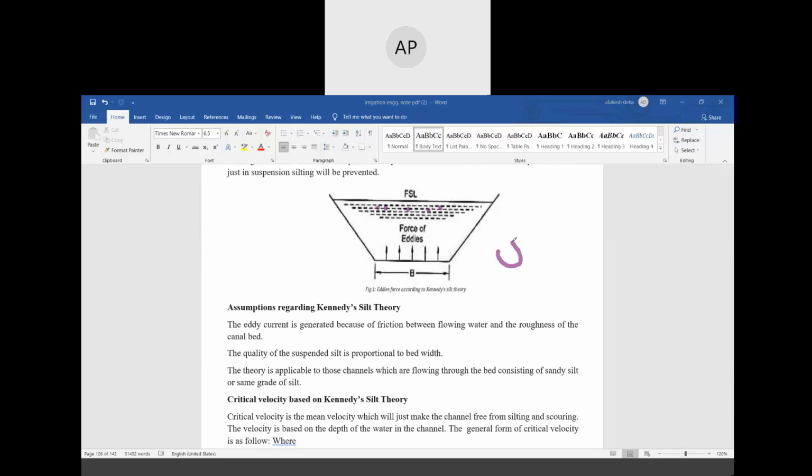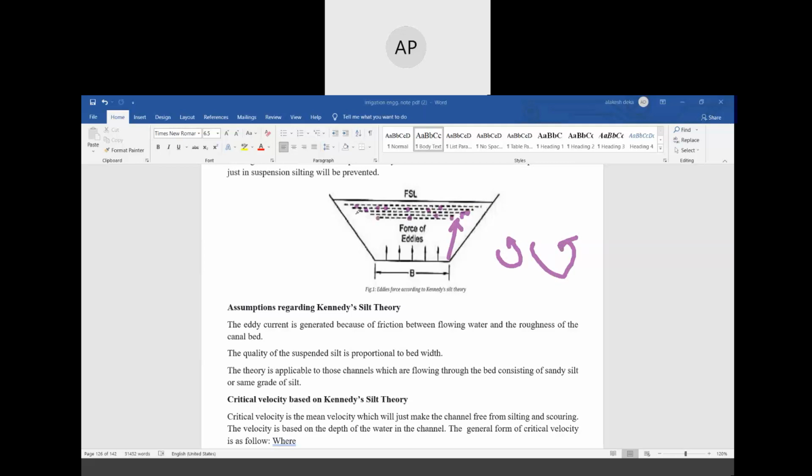Eddies are like three-dimensional flow, a three-dimensional water current. So the eddies will force the particles to float to the surface, isn't it?